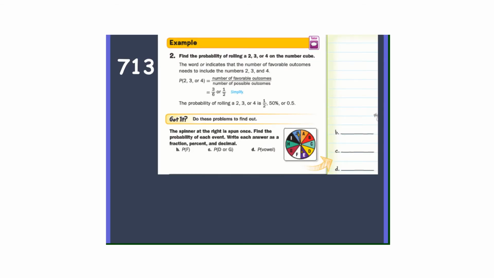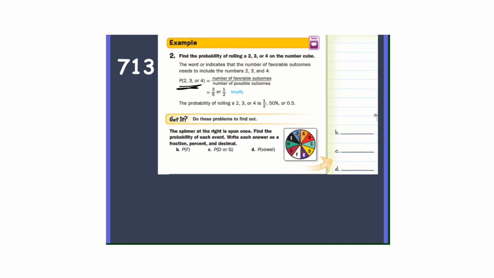Number 2, find the probability of rolling a 2, 3, or 4 on the number cube. So the word or is important. The word or needs to include those, 2, 3, and 4. So the way it's written here, the probability of getting a 2, 3, or 4.